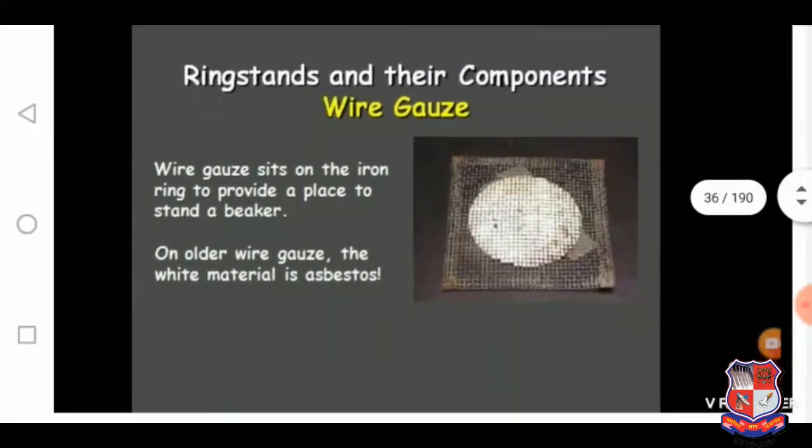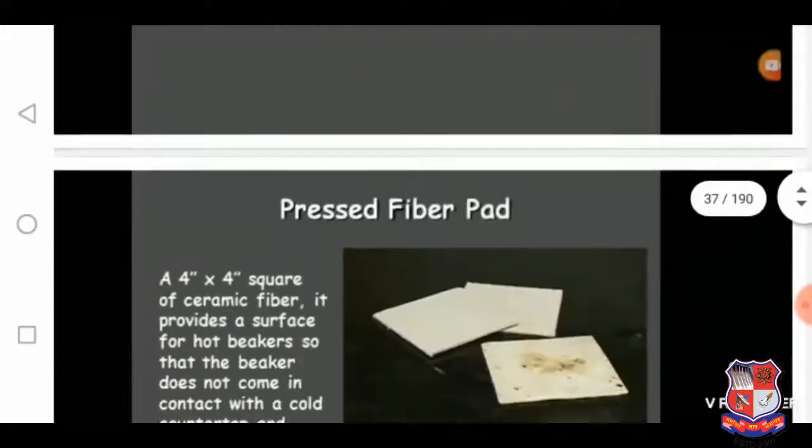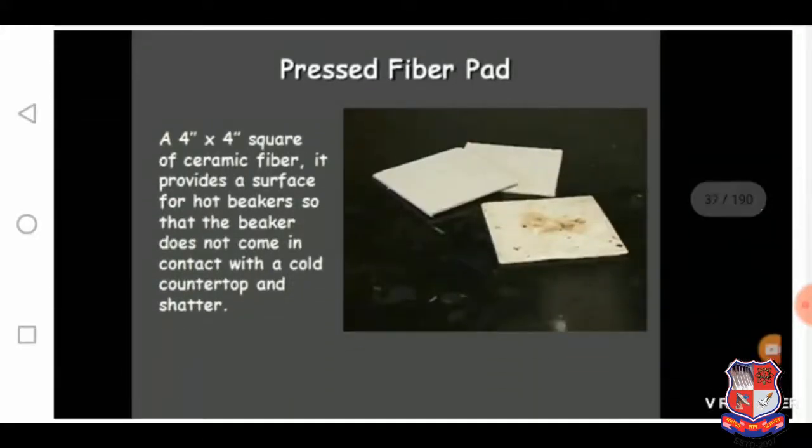Wire gauze sits on the iron ring to provide a place to stand a beaker. On older wire gauze, the white material is asbestos. Pressed fiber pad is a 4 by 4 square of a kind of ceramic fiber.